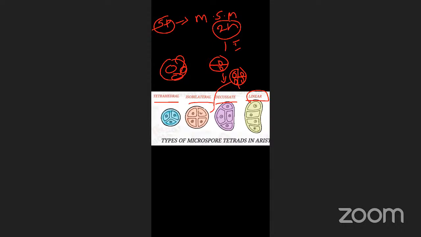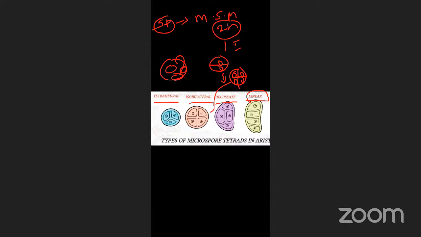And the second one, isobilateral. The pollen grains are arranged side by side. We can observe all four pollen grains in a plane in one view. So this condition is called isobilateral.